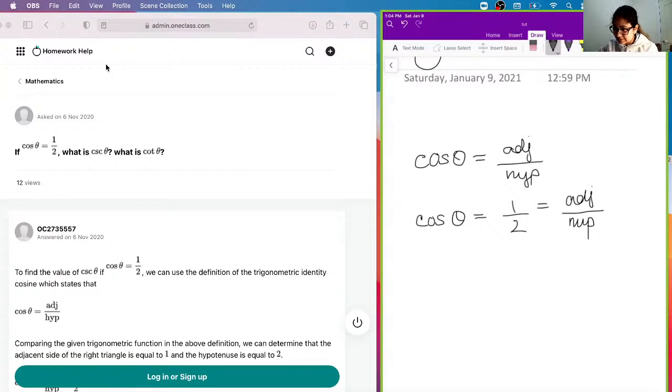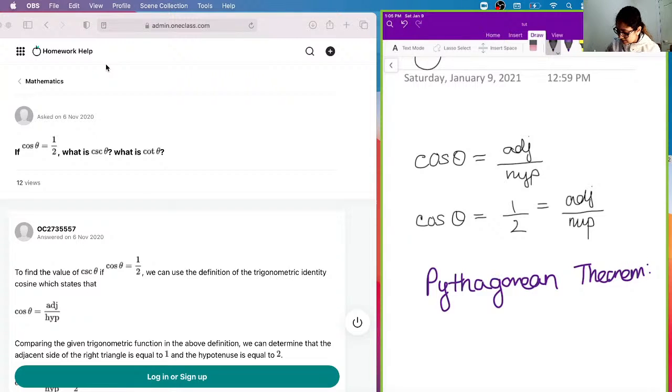And so we can substitute the values of the adjacent side and the hypotenuse in the formula of the Pythagorean theorem, which, as you guys probably recall, states that a squared plus b squared equals c squared, where c is your hypotenuse.